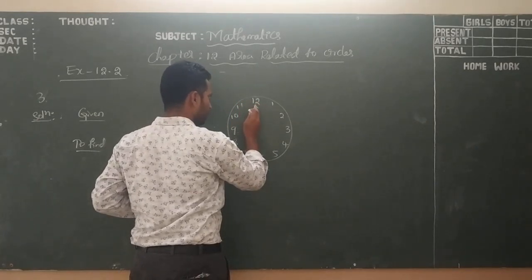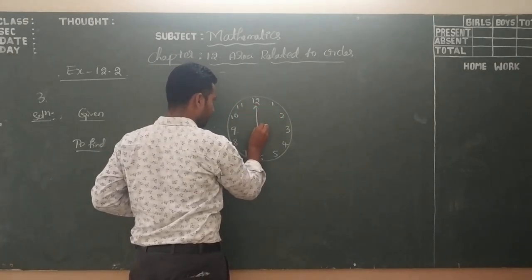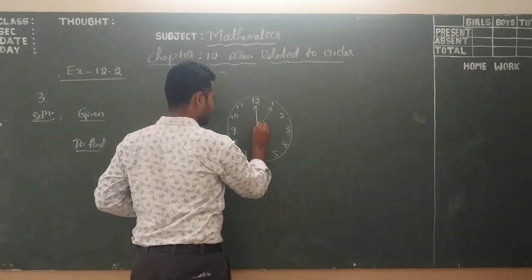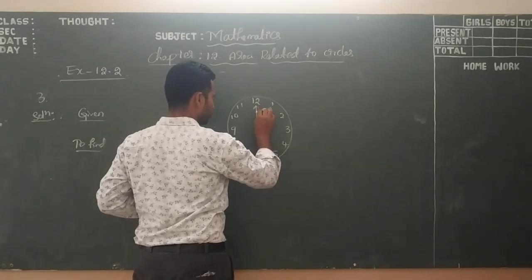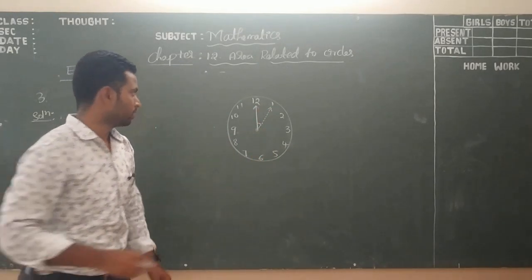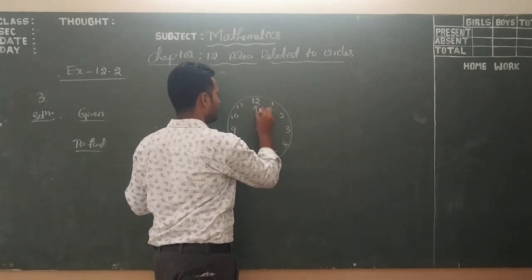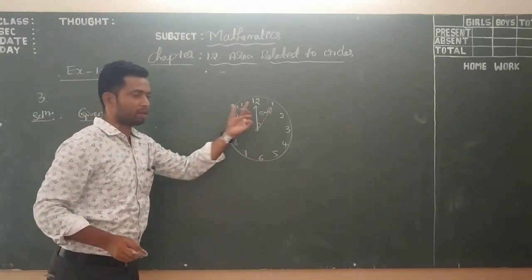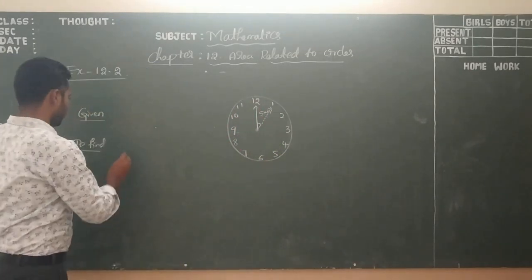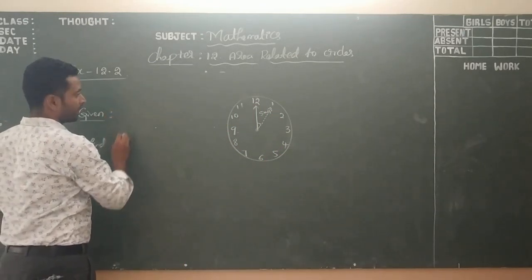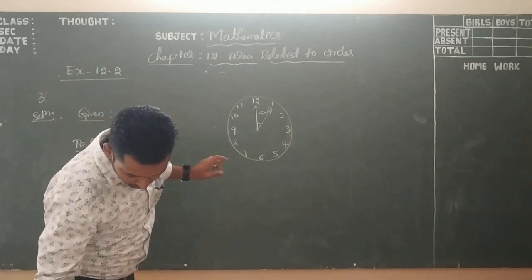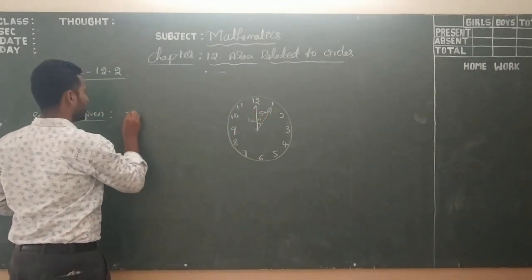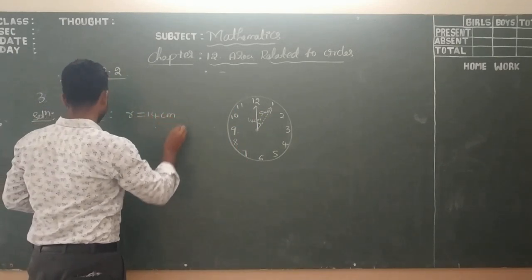If it covers these 5 minutes, what is the area swept by this minute hand? What is the angle between these 5 minutes? The minute hand length is 14 centimeter, which means its radius is given. Radius is 14 centimeter.